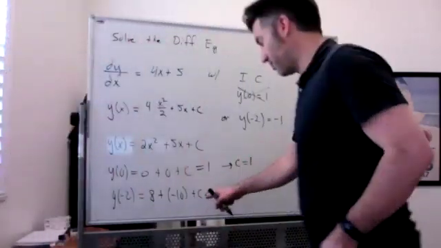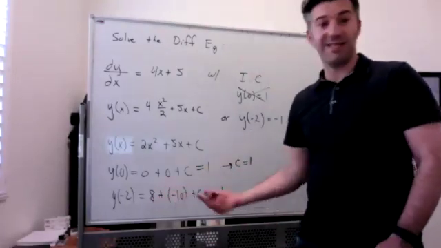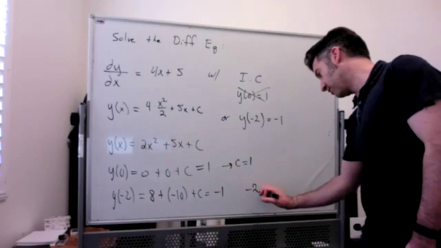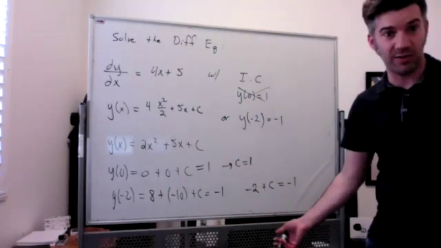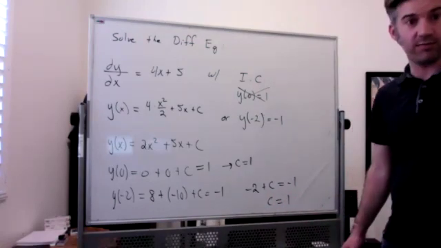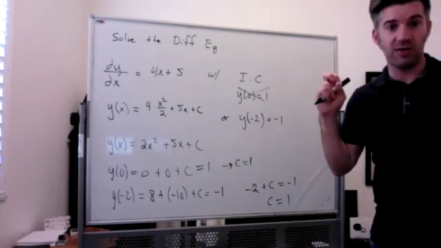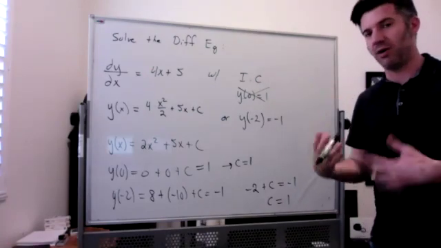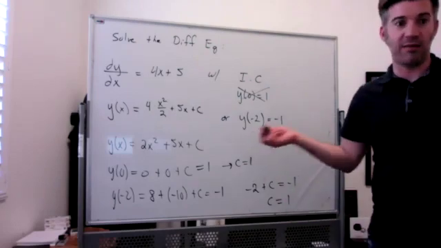So 8 plus -10 plus c is supposed to equal -1. 8 plus -10 is -2. So -2 plus c equals -1. Add 2 to both sides. You get c equal to +1. So if they give you different initial conditions that still correspond to the same original function, it's not going to matter which one you use.